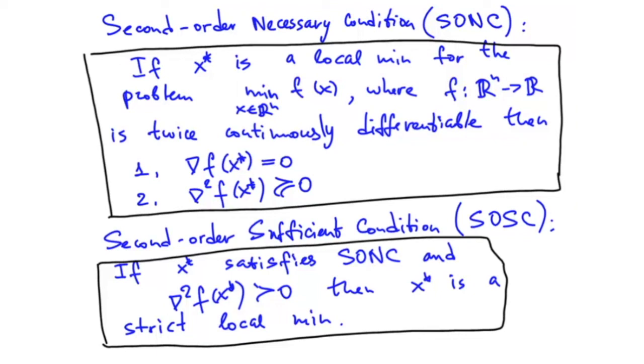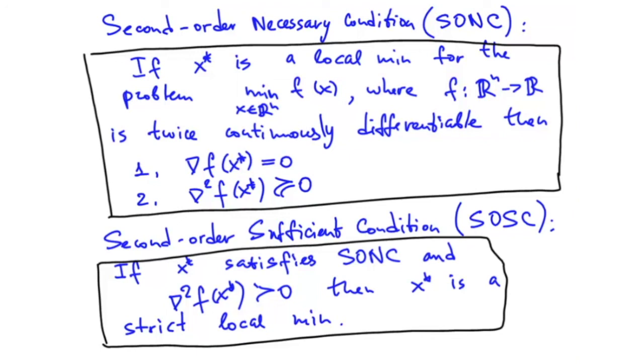So these are our candidate points for local minimizer. And then we take the second order derivative and see whether these candidate points are local minimizers or local maximizers by looking at its sign. If the sign of the second order derivative was positive, then we concluded that this is a minimizer. If it was negative, then we would conclude that this is a maximizer.